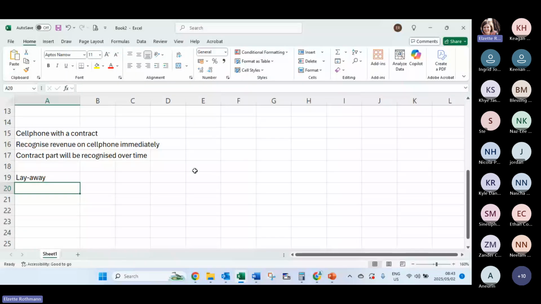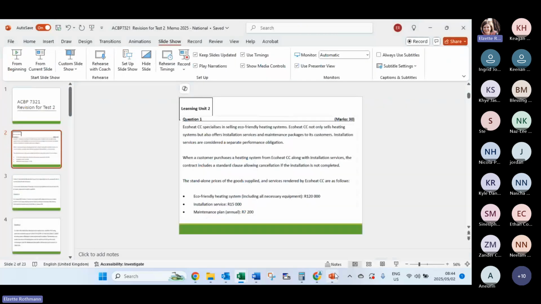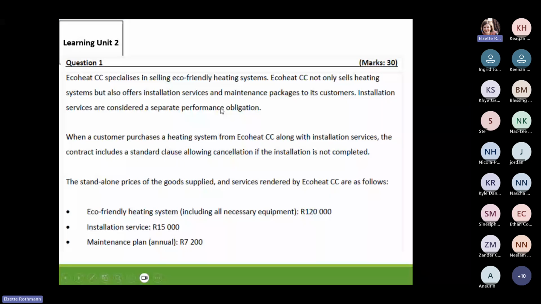Okay, so there's a couple of things that you just have to run through. There's more or less, I think about 7 where there's different ways of recognizing revenue. So let's first go back to the test. If we have time at the end, then we can quickly see if we can run through the ones that they mostly ask.